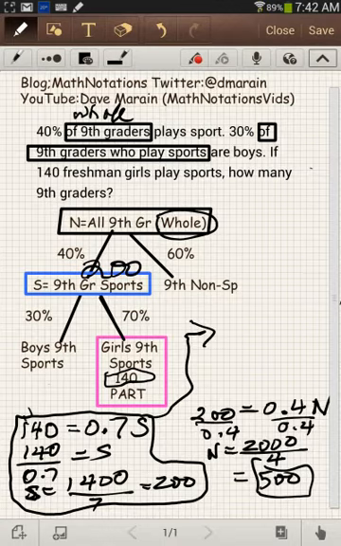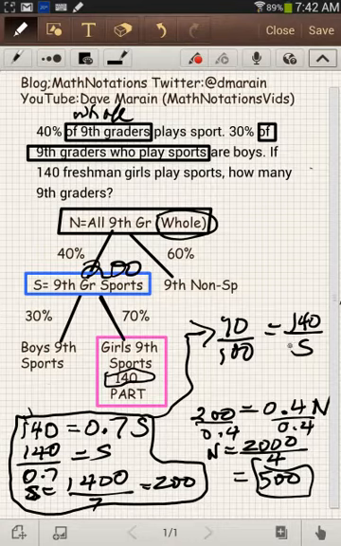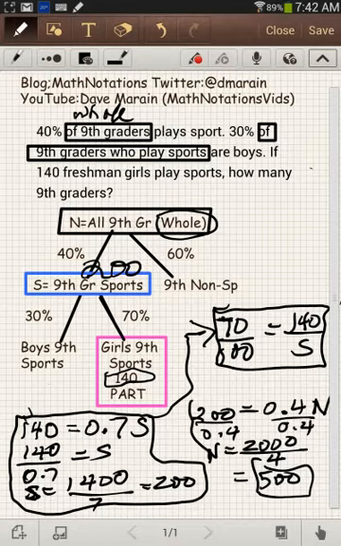Not that there's anything wrong with that. 70 is to 100, part is to whole, as 140 is to S. Nothing wrong with this. Cross multiply, solve for S, reduce it, do whatever you need to do and obtain the result. The same thing could have been done down here.